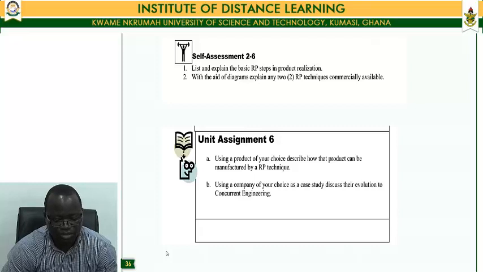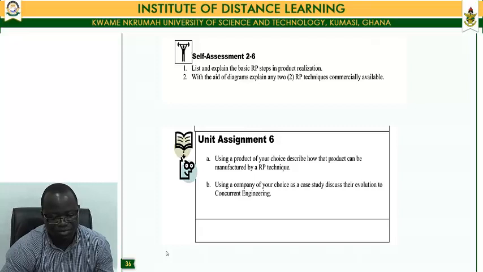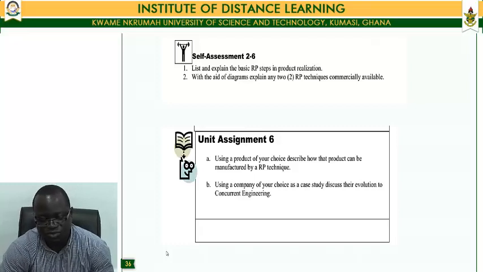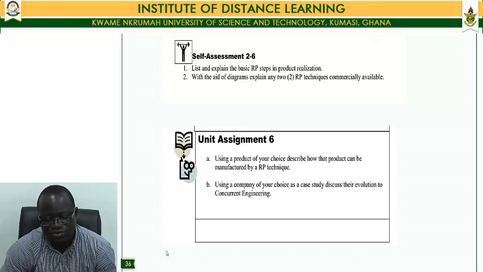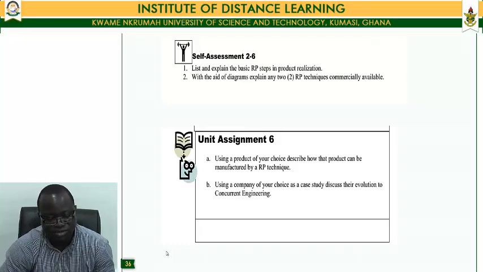So the question is, using a product of your choice, describe how the product can be manufactured by a rapid prototyping technique. So you select a product of your choice, and then you actually describe how it could be manufactured using any of these rapid prototyping techniques that we have looked at.